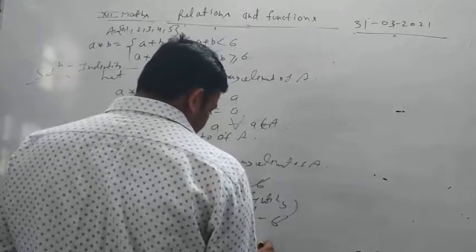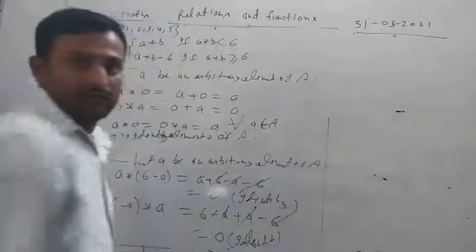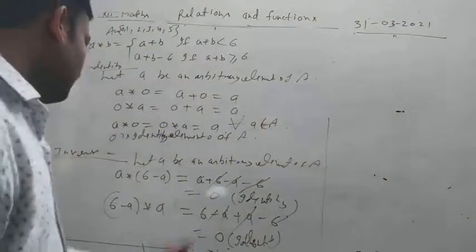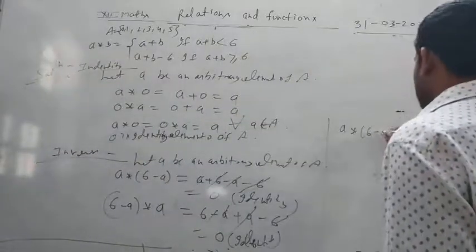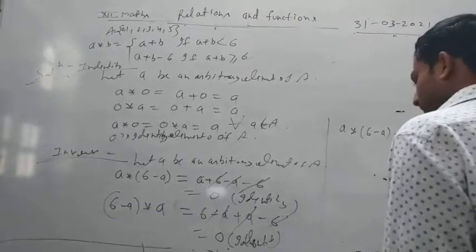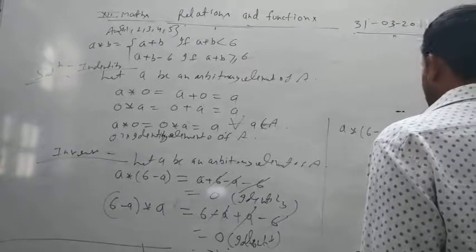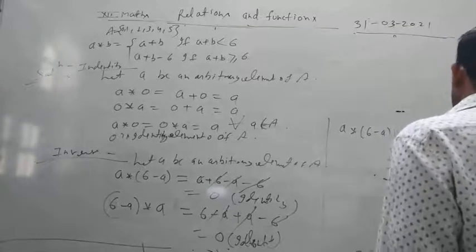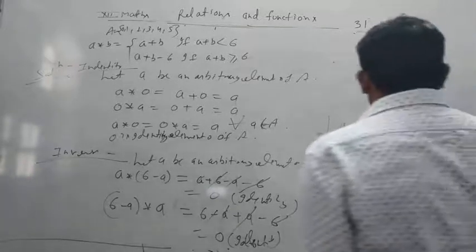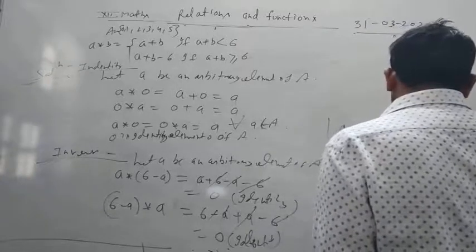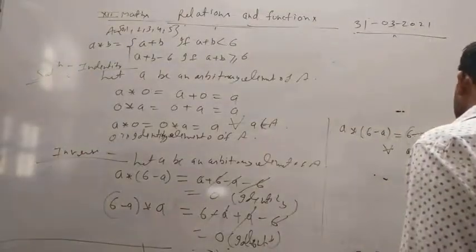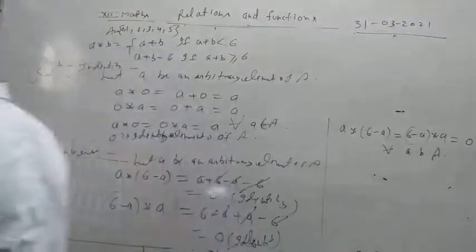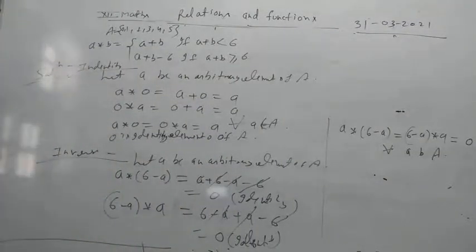So what we are getting is that A star (6 minus A) is equal to (6 minus A) star A, which is equal to 0 for all A belonging to the set.